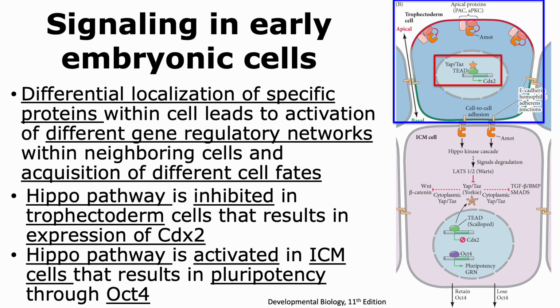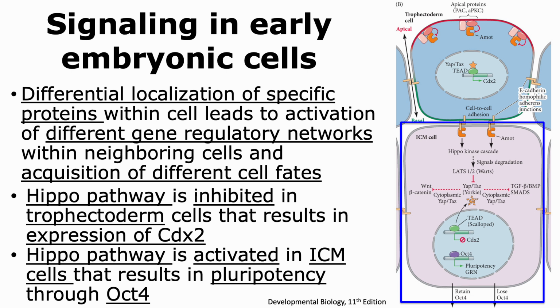Now let us look at what happens in the ICM cell, or the cell that is adjacent to the trophectoderm on the inner side of the embryo. So this cell is what is shown in the blue box, and I had explained before that in this cell we can see AMOT, which is shown as that C-shaped orange colored structure, is able to interact with E-cadherin.